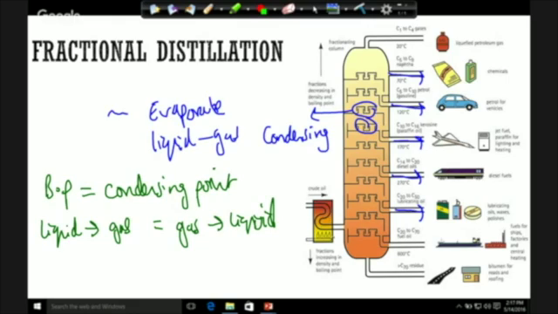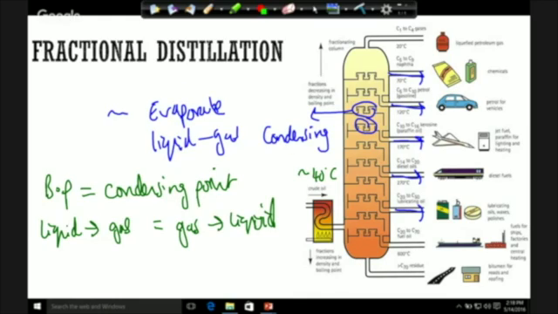So here it's being heated, so the molecules are going to turn from a liquid to a gas. And where we started here with the molecule at 40 degrees C, when it's heated, it will reach 40 degrees C and then will be collected off as a liquid, where it turns back into a liquid again.